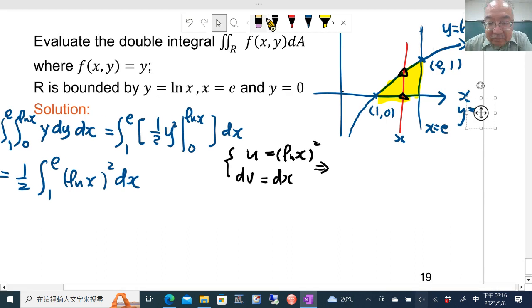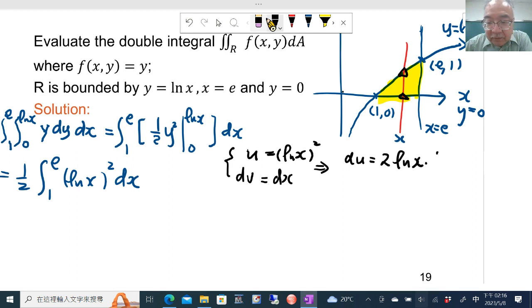Therefore, my du will be 2 of ln x times 1 over x dx, and our v will be x, right?